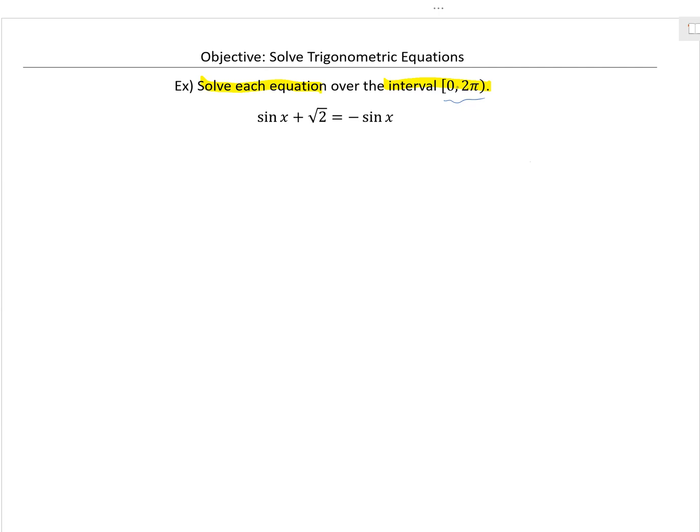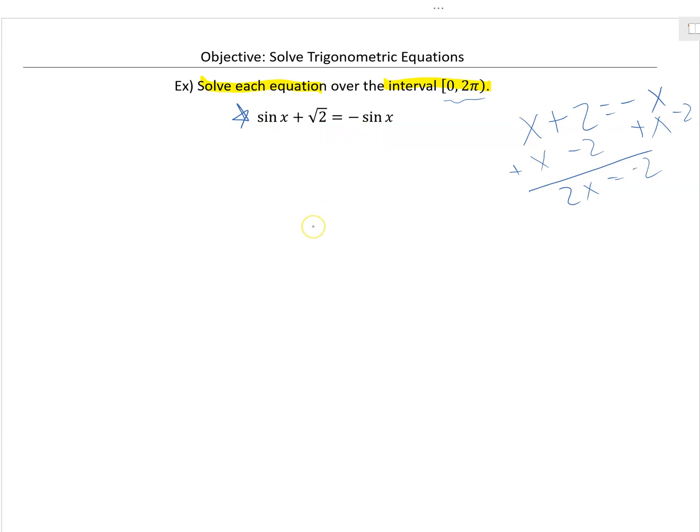So here in this equation, we are looking at a linear structure because the highest power of sine is the first power. So I would treat this similar to how I treat the equation x plus 2 equals -x. I might add x to both sides and then subtract 2, and that gives me 2x equals -2, and so on and so forth.